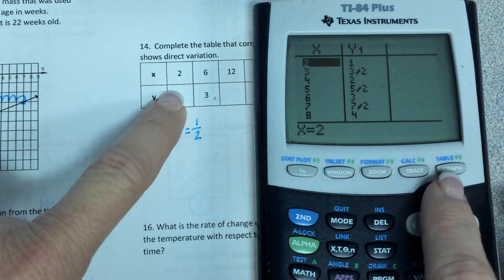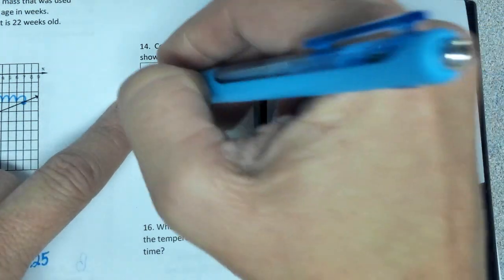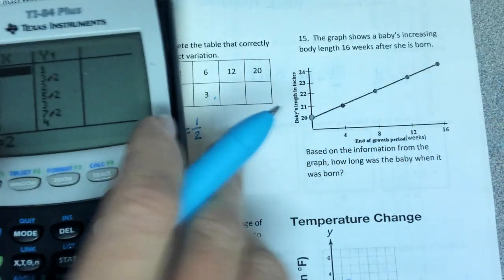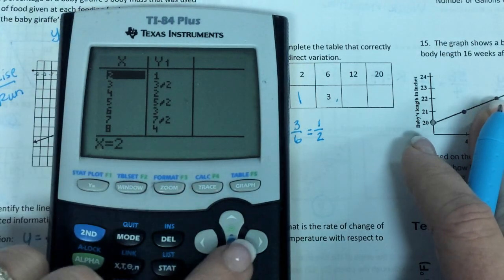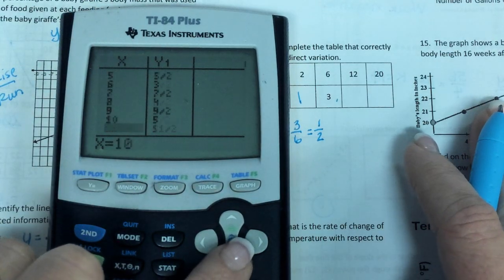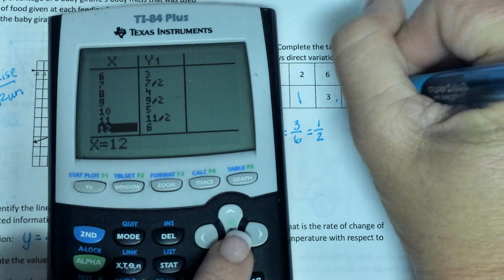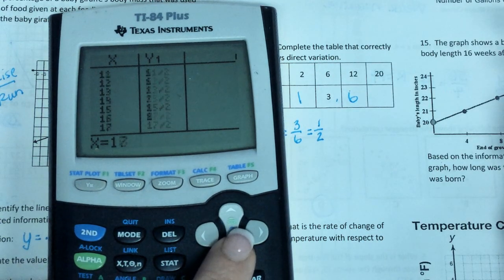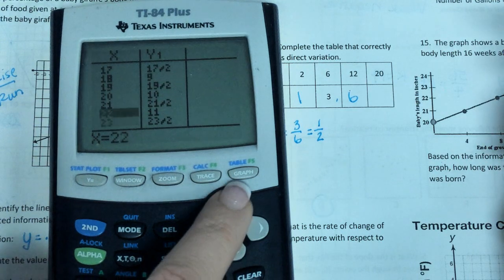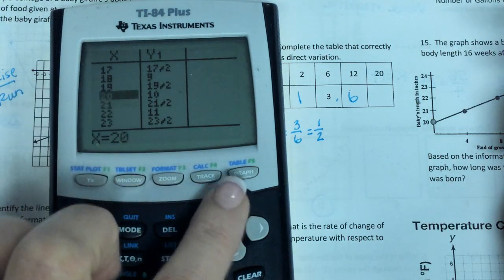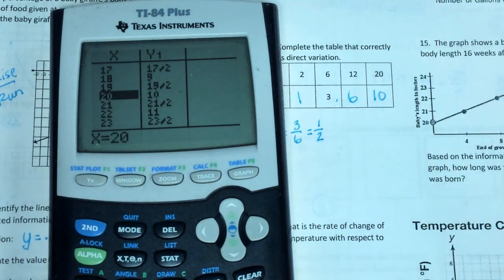And I can see that whenever x is 2, y is 1. And then whenever x is 12, y is 6. And then whenever x is 20, oh, I passed it up, y is 10.